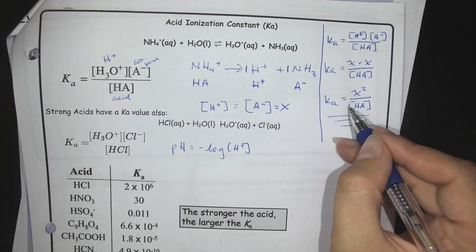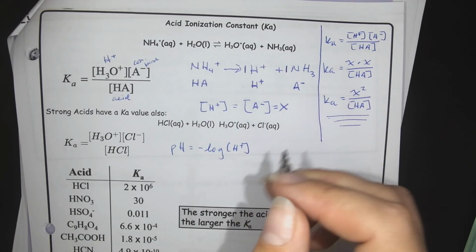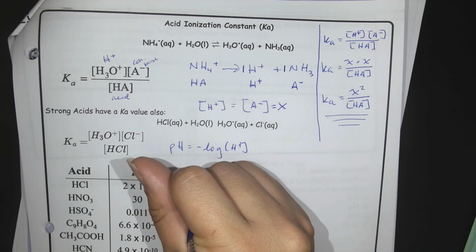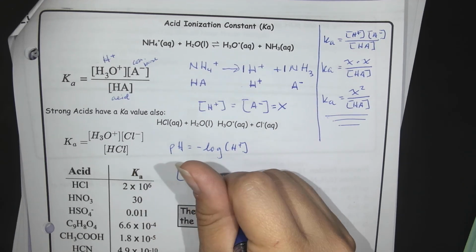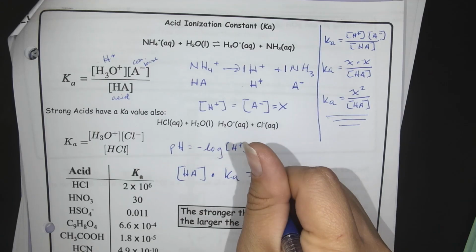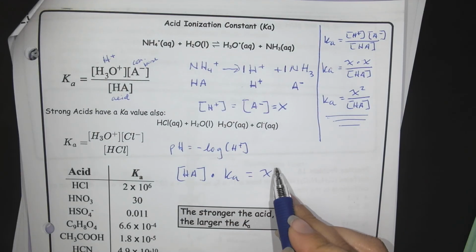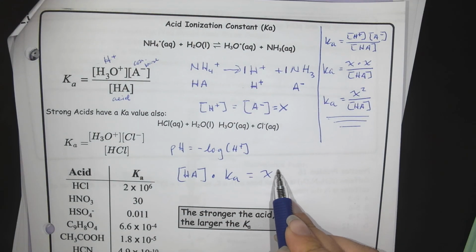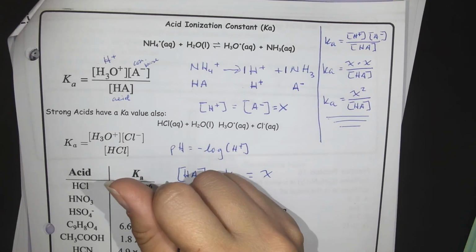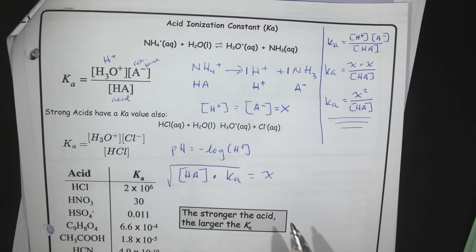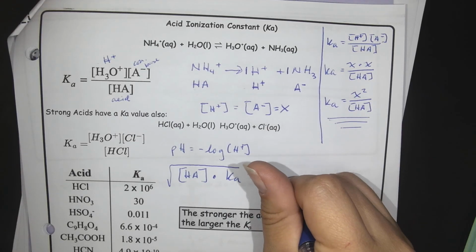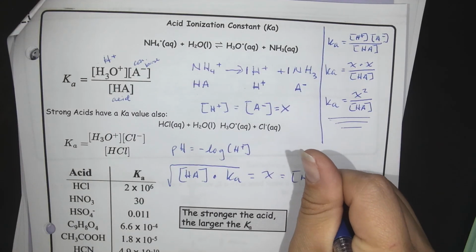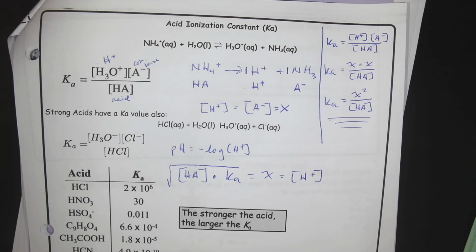I'm going to multiply the concentration of the acid, HA, times Ka, and this equals X squared. But then if I want to isolate X, I take the square root. So the square root of those things multiplied together equals X, which is the concentration of H+.